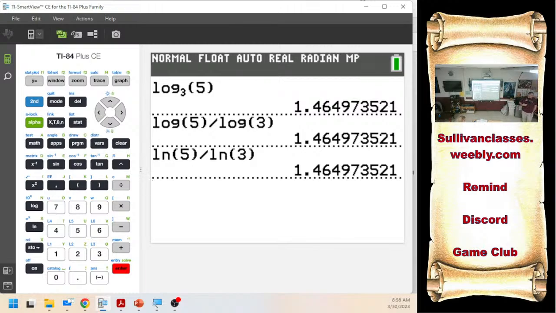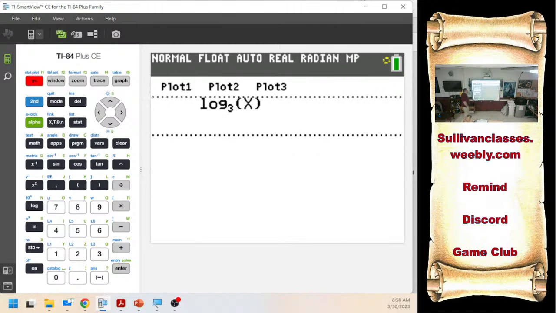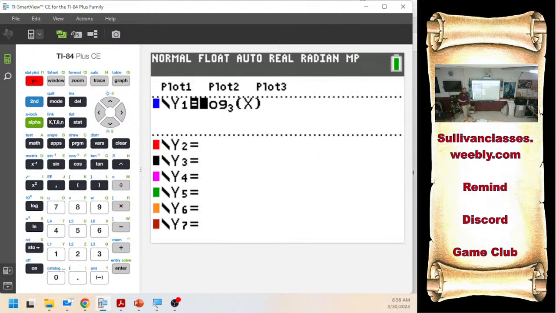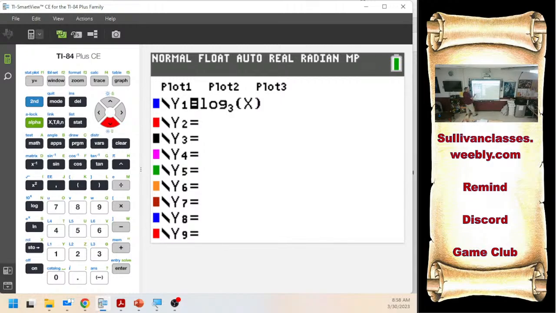Okay? This is also how on older calculators, on an older calculator, if I wanted to type log base 3 of x, I just plain couldn't. So what we would do back in the day is instead I would put a parenthesis, and I'd say the log of x and I would divide it by the log of 3.